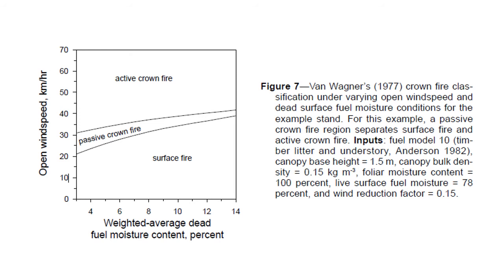And you can see that as we increase our wind speed at a given fuel moisture, eventually we move from surface fire into the passive crown fire range, and then ultimately into the active crown fire range. How far up the wind speed bar that transition happens is a representation of how crown fire resistant that stand is, right? If we need a higher wind speed to achieve active crown fire, it's less likely that's going to occur, right?